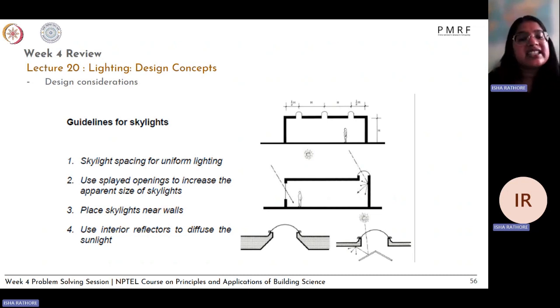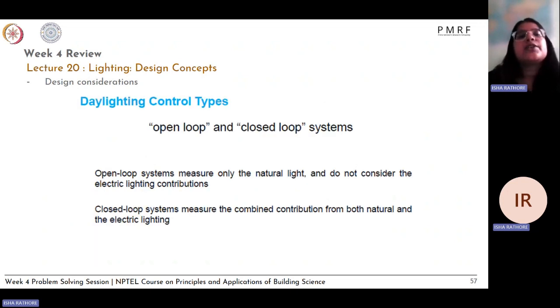You can use interior reflectors to diffuse the sunlight into larger opening areas, into larger spaces. Then you can also use daylight control types. There are basically two types, the open loop and the closed loop system. The open loop system is used for measuring only the natural light, and it does not consider the electric lighting contributions, whereas closed loop systems measure both the natural lighting and the artificial lighting, or your electric lighting contributions.